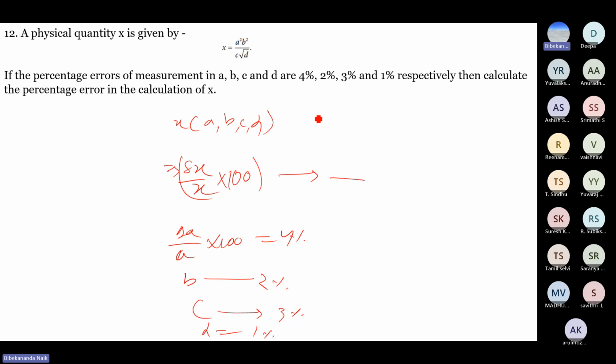So use the formula for when powers of variables are involved, and calculate the percentage error in x.